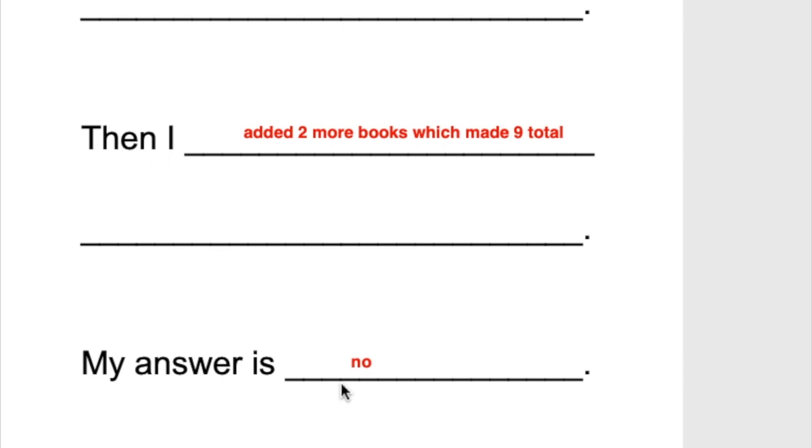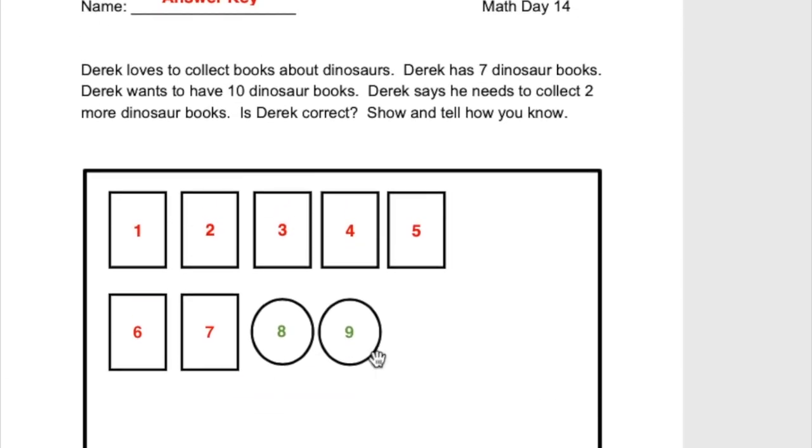My answer is no. And no because I remember that the question says, is Derek correct? Derek says he needs to collect 2 more dinosaur books. Is Derek correct? No, Derek is not correct because Derek actually needed to collect 3 more dinosaur books.